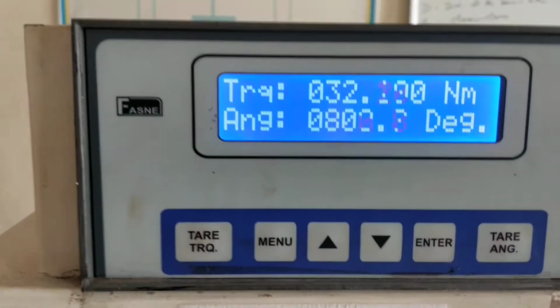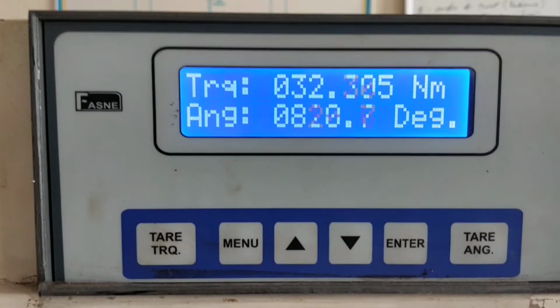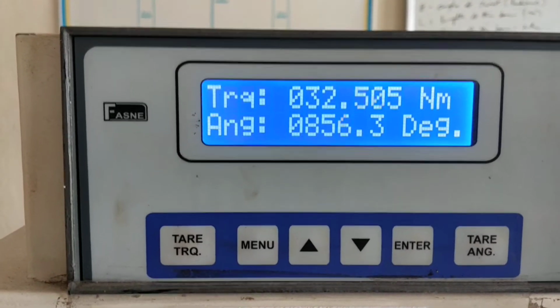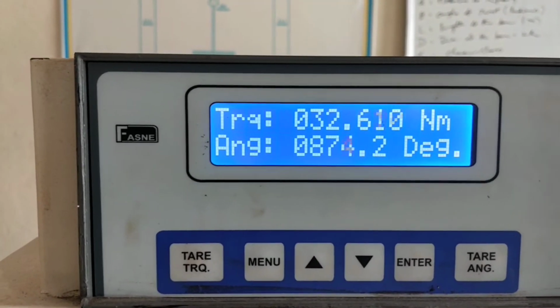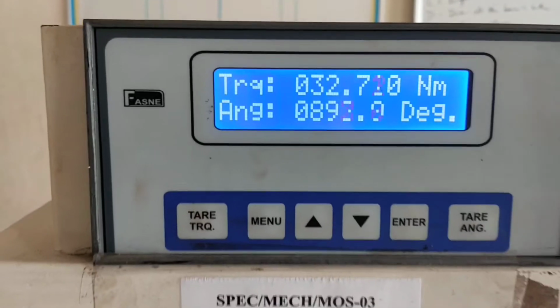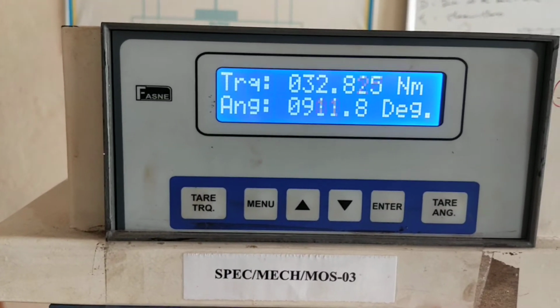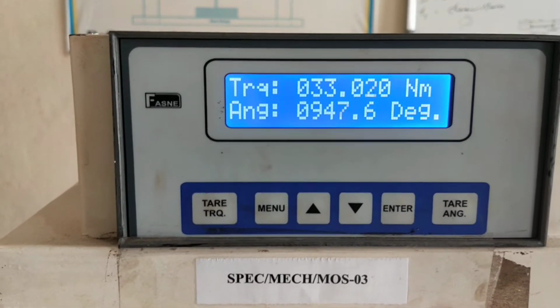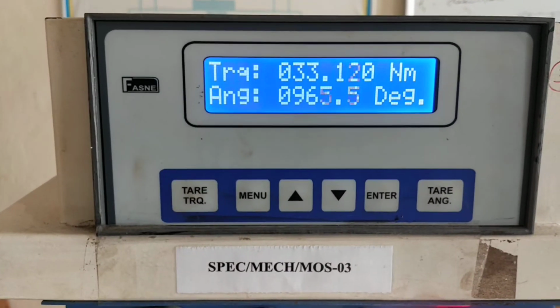Meanwhile, you should go for taking the readings. You can take the readings here, torque and the angle of twist. Automatically the machine will switch off at the breakage point, the fracture point.